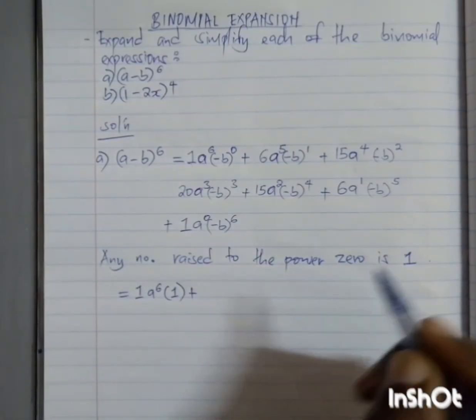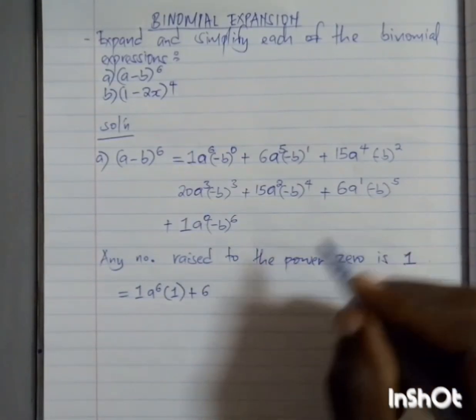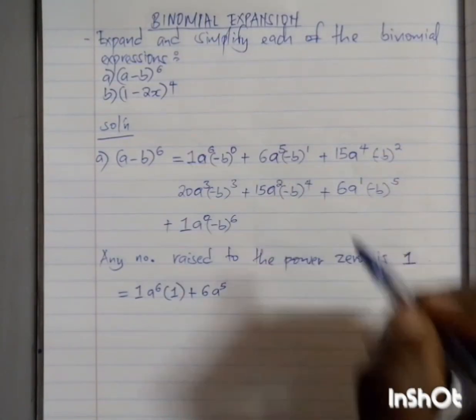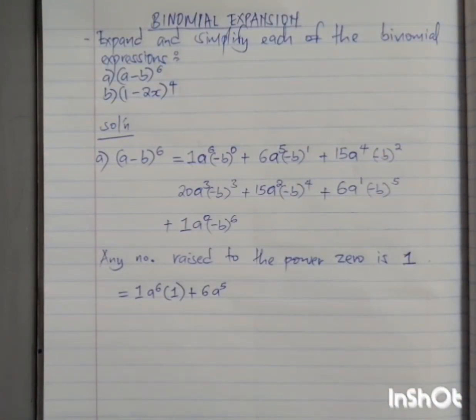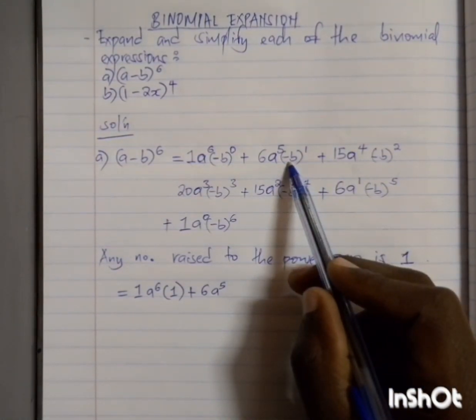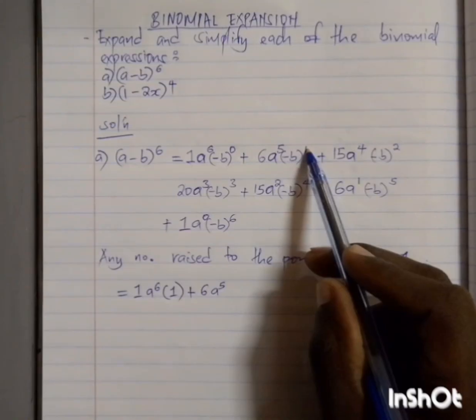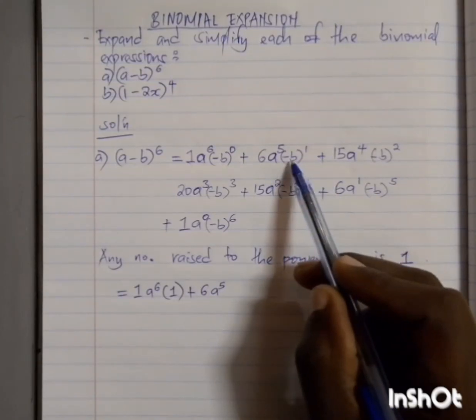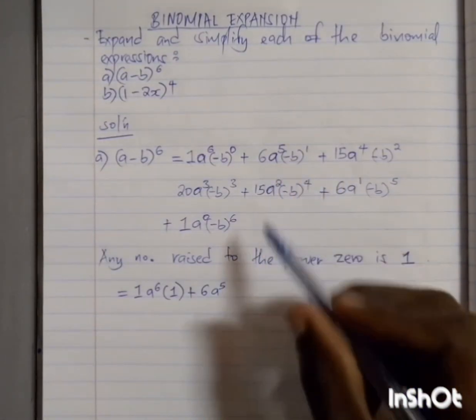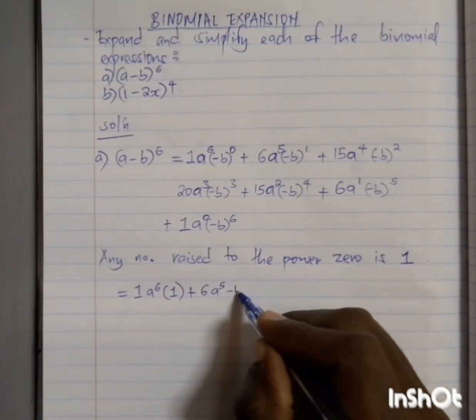And then plus, we have 6 multiplied by a to power 5, and then minus b to power 1. Minus b to power 1 is what? When we take a negative number raised to power 1, it will remain the same number. Any number raised to power 1 will remain the same number. So we'll have minus b here.